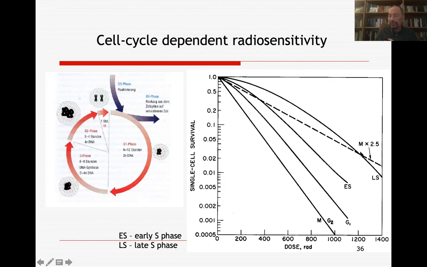This is the mitosis times 2.5 to give you an idea of how big is the effect, the difference between late S and G2 and G2M. So S is radioresistant, G2 is radiosensitive.